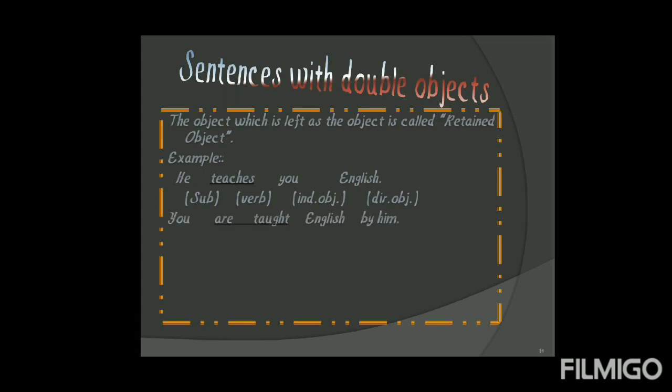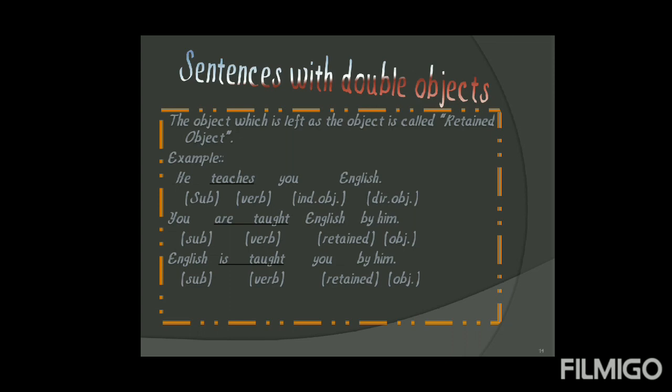You are taught English by him. So what happened? We have left English, the direct object, just after the verb as it was, and this is called a retained object because this object is retained. And we may take English: English is taught to you by him, and there you would become the retained object.